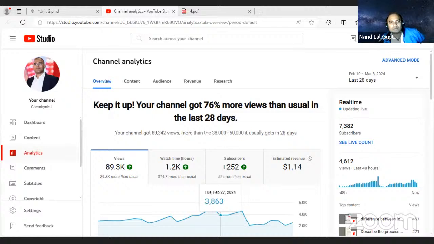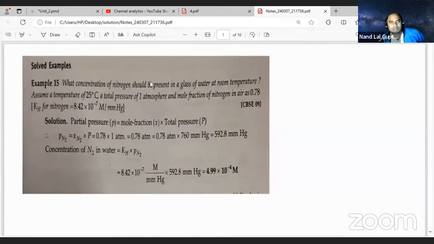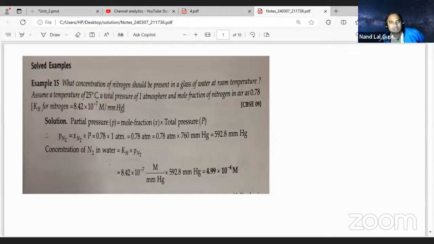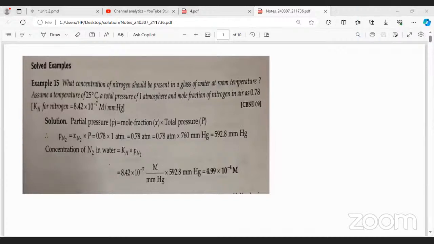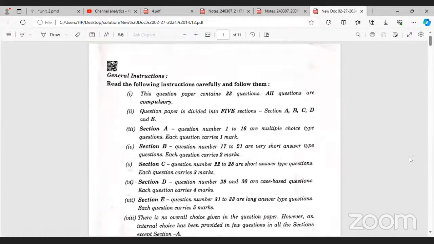Now I have given you the paper. Question number 18, can you check question number 18? 18 gram of a non-volatile solute dissolved in 200 gram of H2O freezes at 272.07 Kelvin.